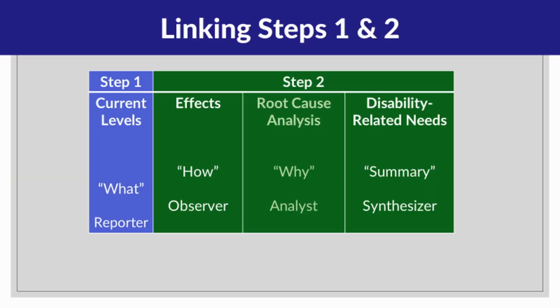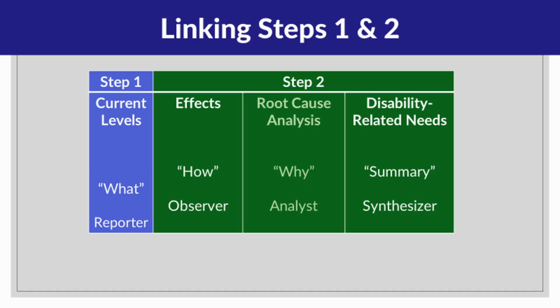During step 2, the IEP team reflects on the current level and special factor information, if any, and identifies how the disability affects the student's access, engagement, and progress based on observations, analysis of root causes of these effects, such as why the student has difficulty meeting standards and expectations.